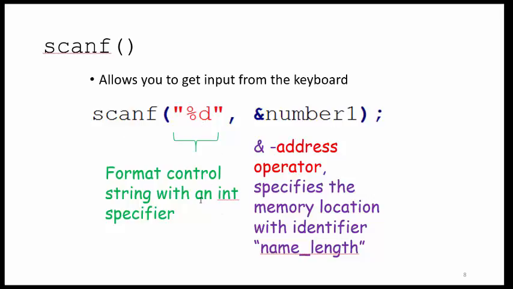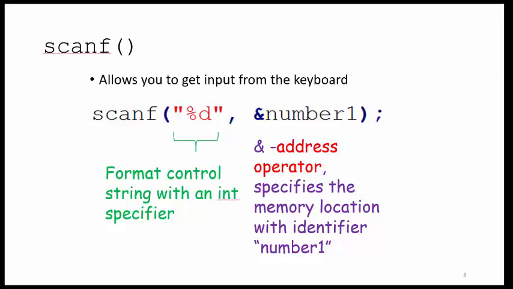It should be formatted as an integer. In this case, D is a decimal integer, and store it in a location in your computer that I'm going to call number 1. So it specifies a memory location with the identifier number 1. That memory location is identified by number 1. That's the identifier.